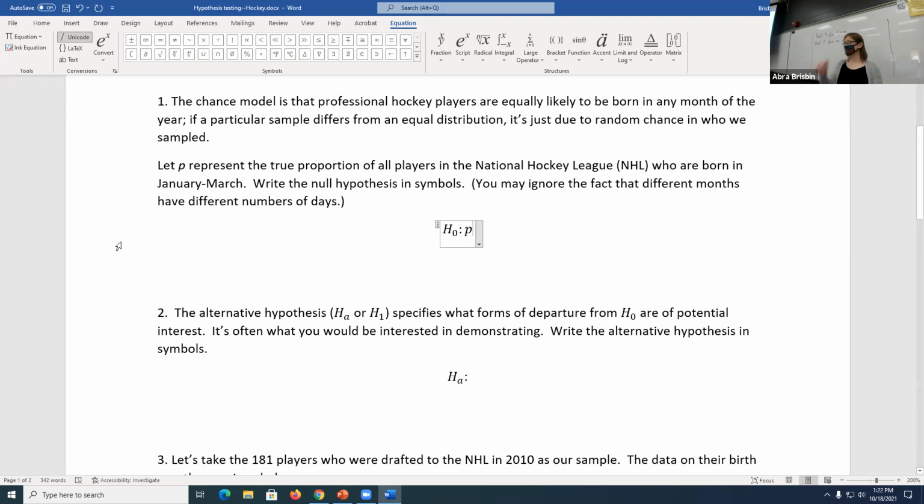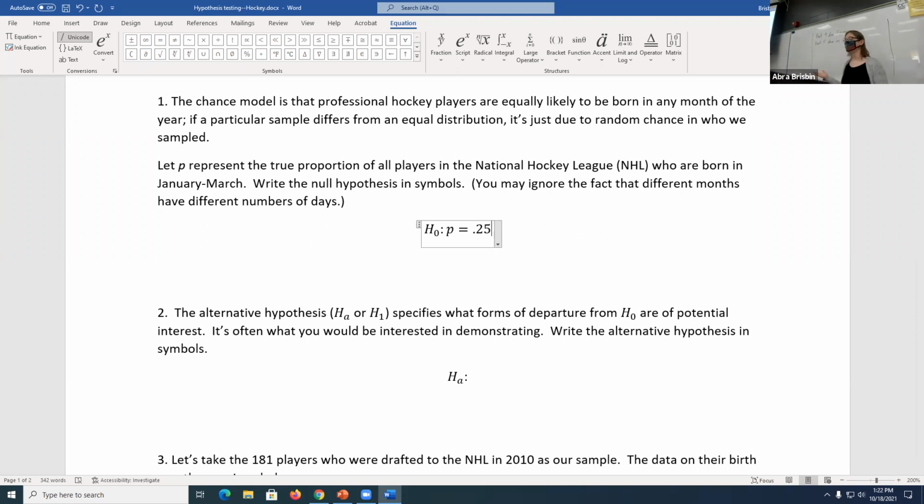So it would be 0.5 if we wanted to look at January through June, but here we just want January through March. So 0.25, yeah, first quarter of the year.